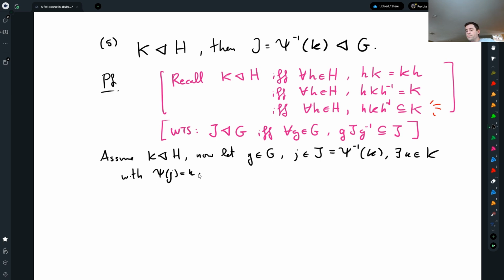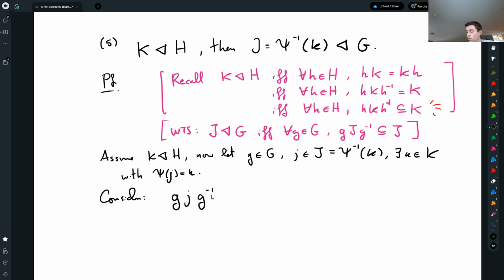Okay, we know that. And now consider the element g j g inverse. I want to show this containment for any j like that.